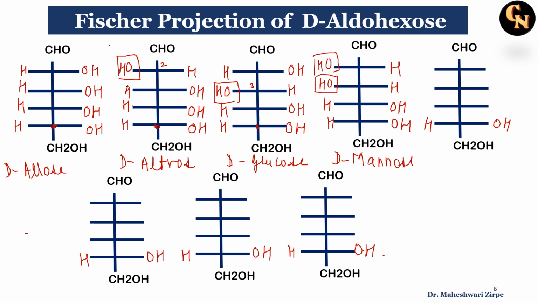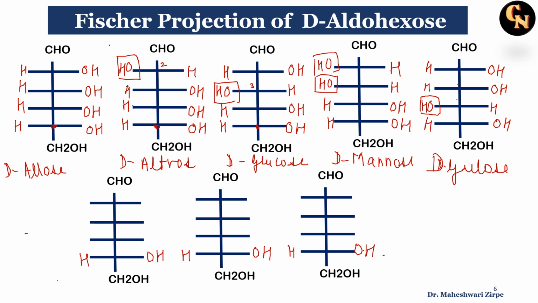Next is D-gulose, where you will find that of the OH on carbons 1, 2, 3, 4, the fourth carbon OH will be changed. The others remain on the same side. Only the fourth carbon OH has been changed. So this is called D-gulose.